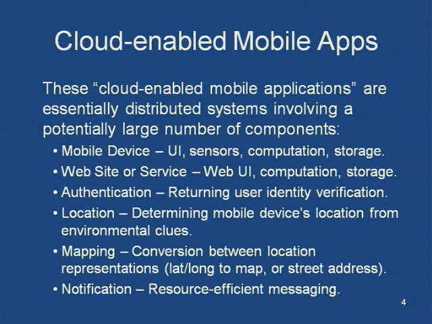So what do I mean by a cloud-enabled mobile application? What I mean by that is an application that runs on a client, usually a mobile client like a handheld or a laptop that is moving around in the world and might need, for whatever reason, some service that's available in the cloud.